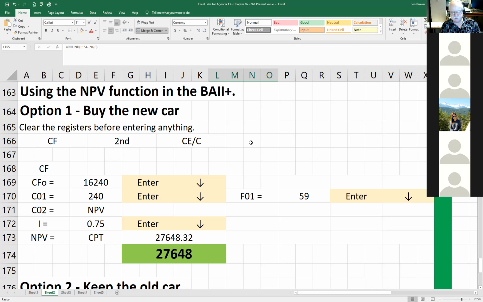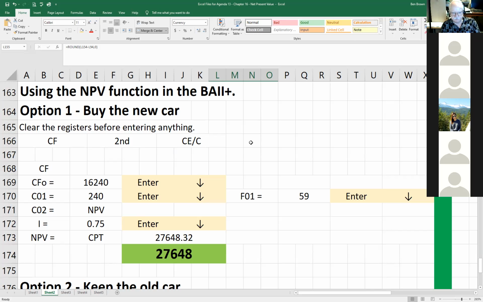And then we're looking at CO2, which is the second cash flow, but there is no second cash flow. So we hit the NPV button. Now it needs to know the interest, and I've put 0.75 there, which is the annual interest rate. So that's good. 0.75, enter down.